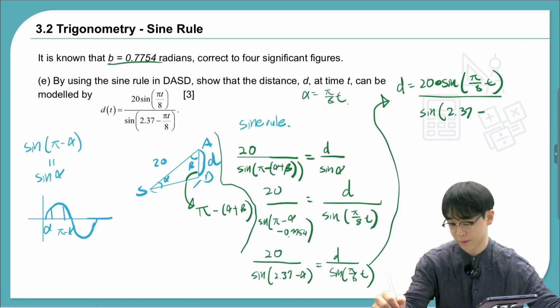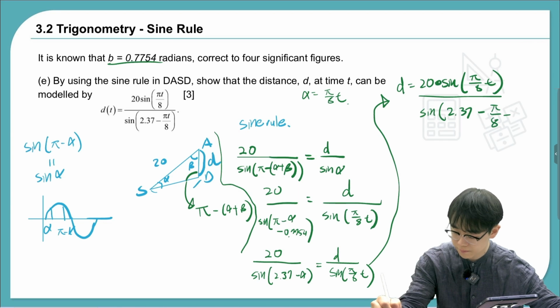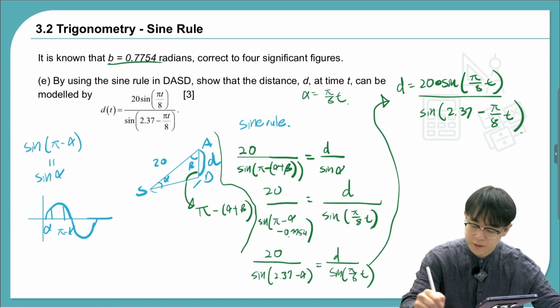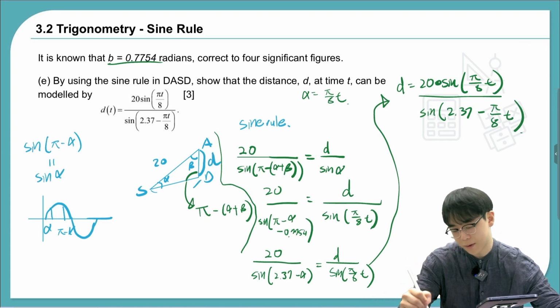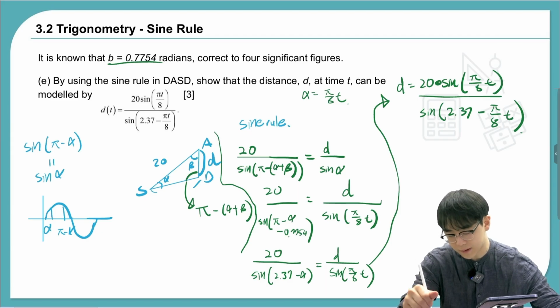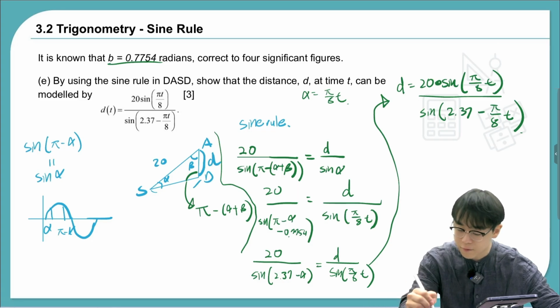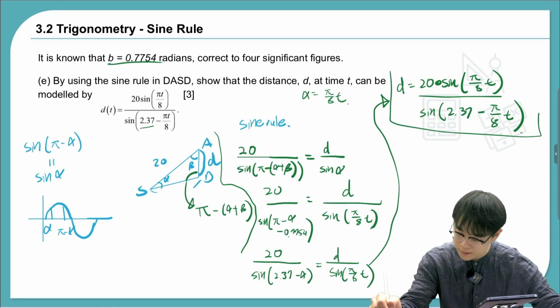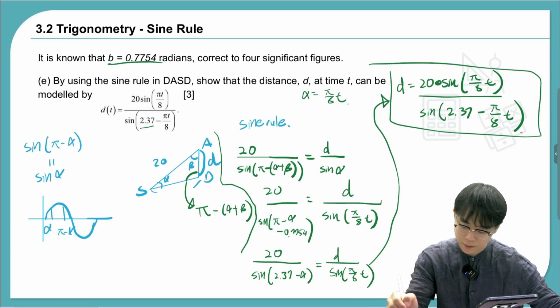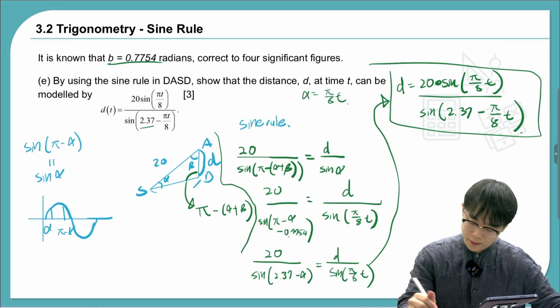But instead of alpha, we would just write pi over 8 t. So it all just starts from the sine rule, right? Using that side length over the sine of the opposing angle, right? That's going to be constant, and we just fill in our knowledge of beta and alpha. Okay, so we just derived the expected equation here. So that's it for E.